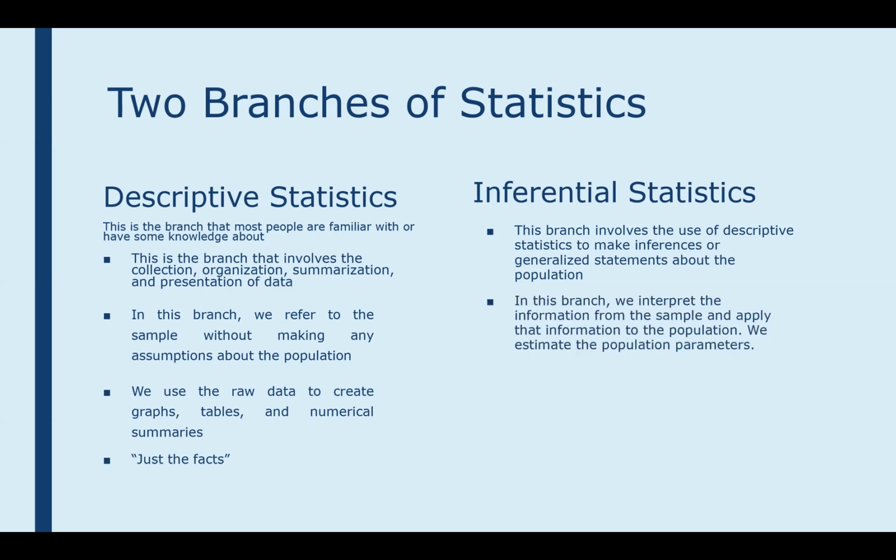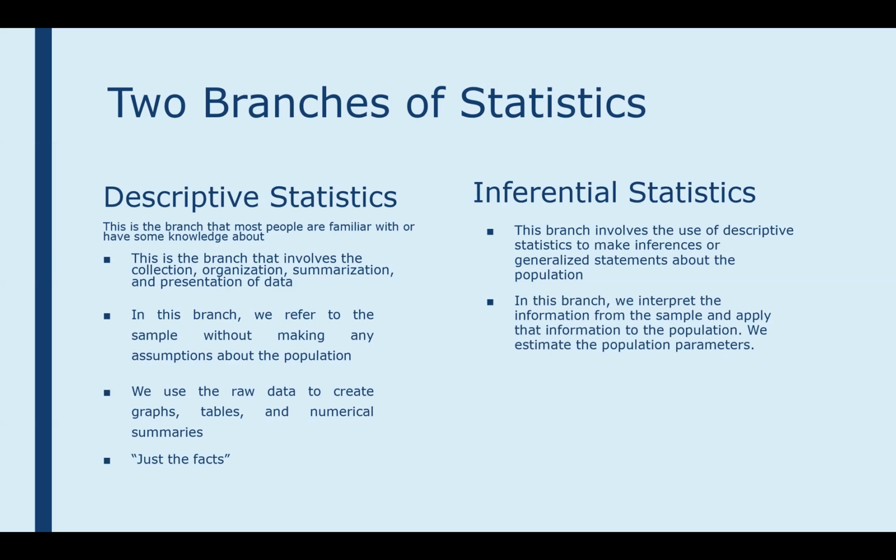Again, inferential statistics is the part where we begin to interpret the information. Well, what does that really tell us? What does it mean if I have 15 students enrolled in statistics during Maymester? Or what does it mean if I have 2 that are business majors? We begin to focus on what that information tells us.